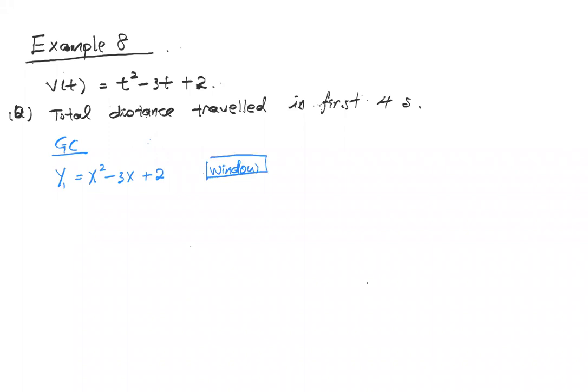Since they talk about the first 4 seconds, correct? So we put our x minimum as 0, and x maximum, since it's until 4, maybe we just put 4.2. Just a bit more is good enough. Then after that, we go to zoom, then you do a zoom fit.